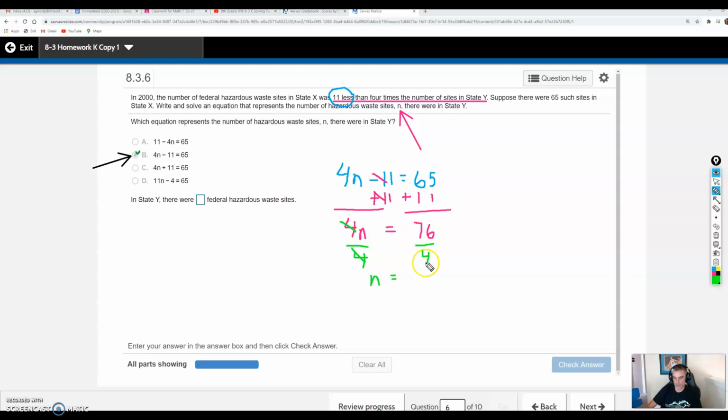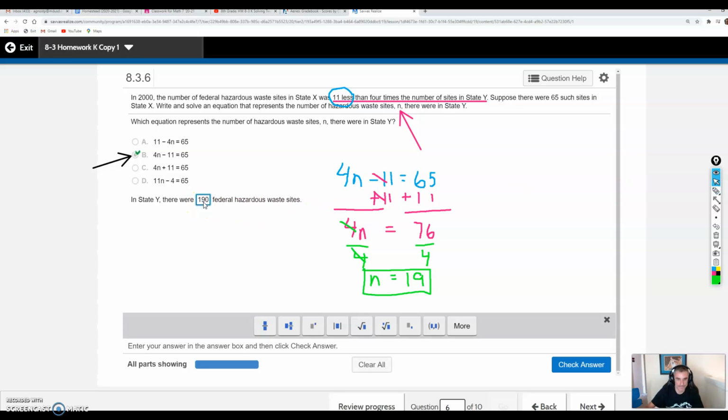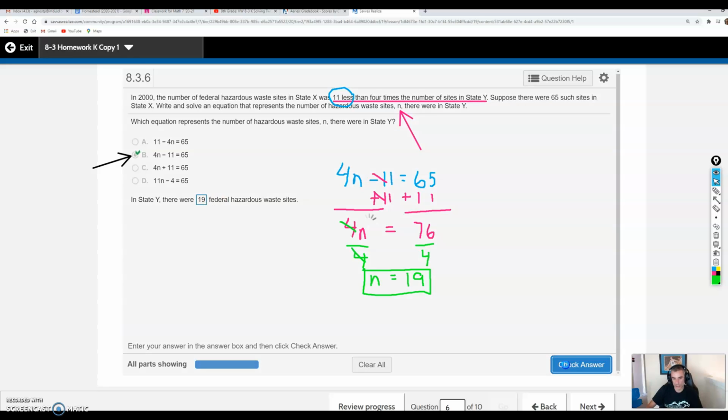So 76 divided by 4 is 19. So according to this problem, there are 19 hazardous waste sites in state Y. So now I'll go over, plug in 19, and we got it.